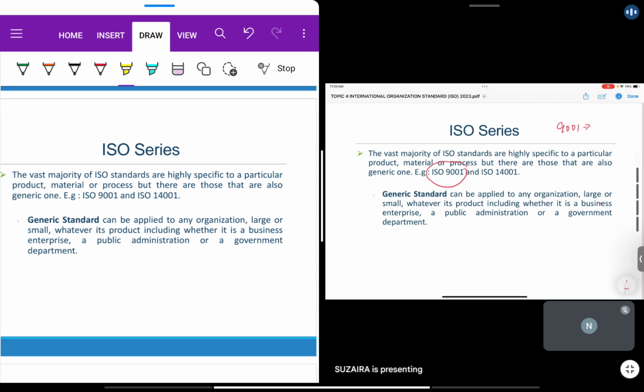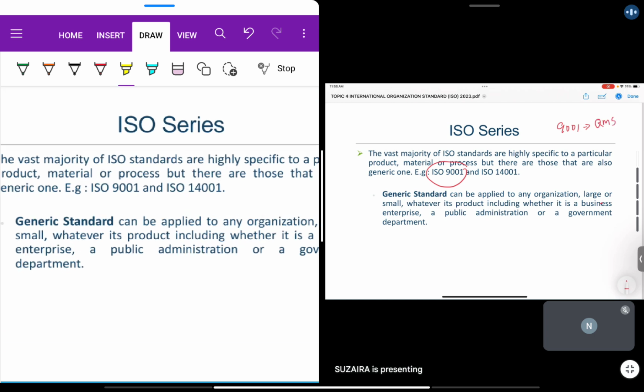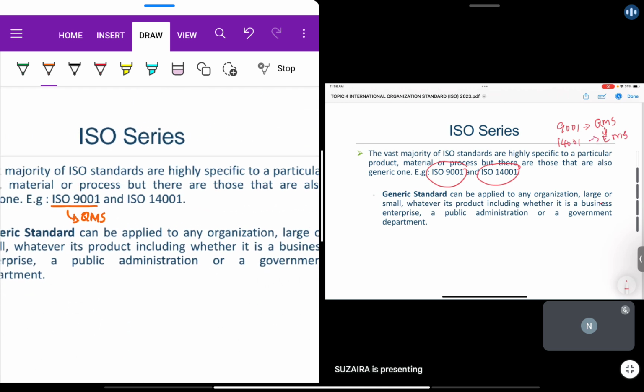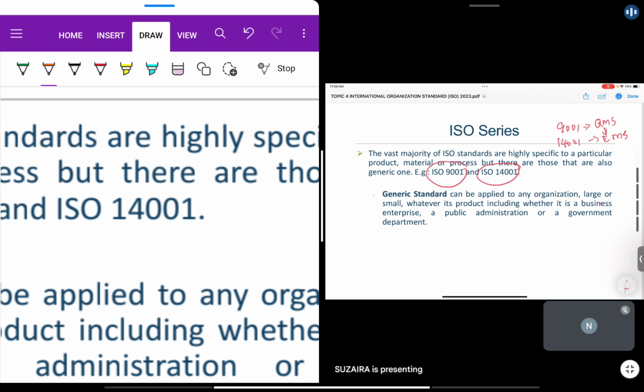But similarly with other industries that are not food industry, they also have documentations that you need to handle. So ISO 9001 is more towards the QMS, they call it quality management system. And 14001 is for EMS, so environmental management system.